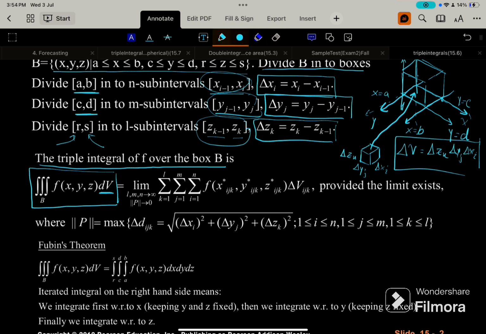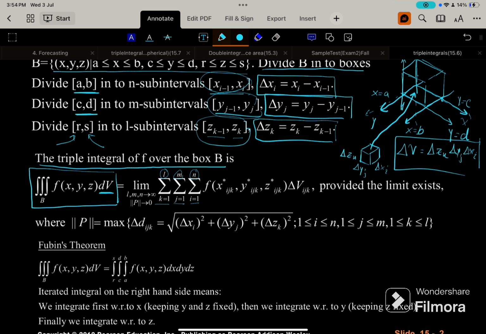Okay, and so if we take the definition of our integral and take the limit, we're gonna have the sums with k equals 1 to l, j equals 1 to m, and i equals 1 to n. So we're gonna start from these and end up at l, m, and n.